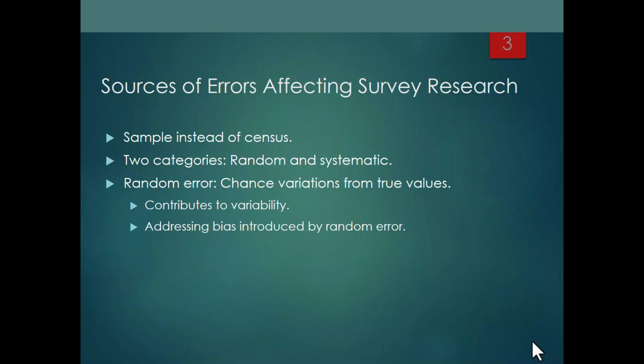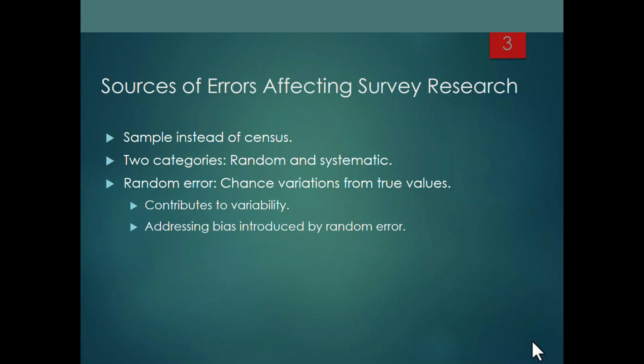There are two categories of sampling errors. We have random errors and systematic errors. Random errors result in chance variations in individual responses around the actual or true values of what is observed for the group. It contributes to variability. So differences in the range of responses and standard deviations between the samples indicate variability between the groups.